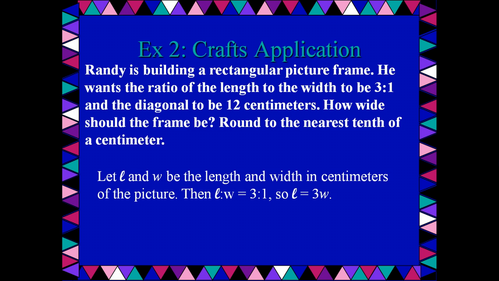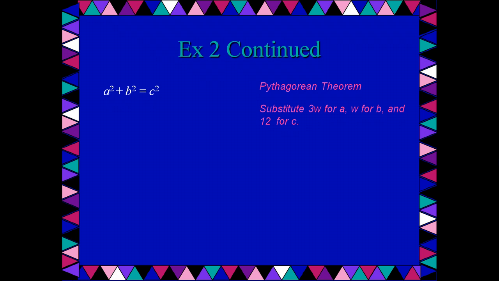Let L and W be the length and width in centimeters of the picture. Then L to W is 3 to 1, so L equals 3W. Using the Pythagorean theorem, a squared plus b squared equals c squared, we're going to substitute 3W for a, W for b, and 12 for c.